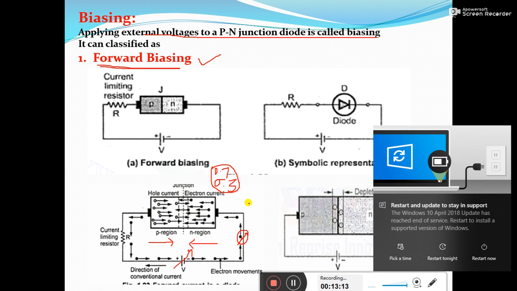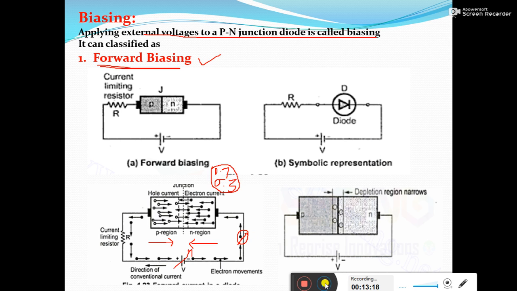As a whole, if you want to summarize the forward biasing operation: as long as the applied voltage is less than the barrier potential, a very small amount of current will be noted in the milliammeter.